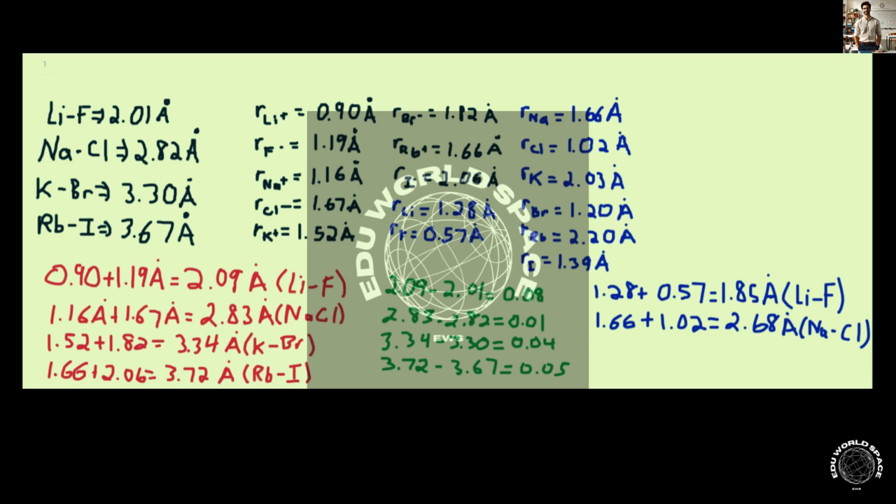Now 2.03 plus 1.20 is equal to 3.23 angstroms, so potassium bromide.